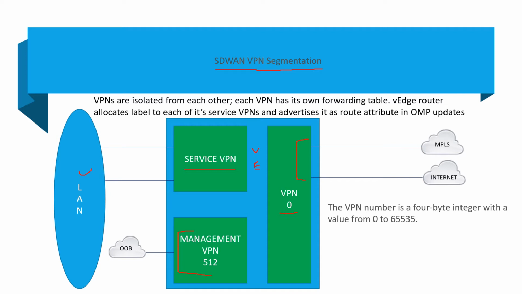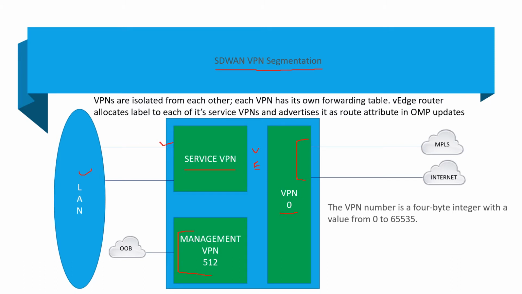VPNs are isolated from each other. Each VPN has its own forwarding table, like the VRFs we discussed when we were talking about WAN virtualization or isolation. The vEdge router allocates a label to each of its services and advertises it as a route attribute in OMP updates. We will talk about OMP and all these things going forward, but let's clear the concept first.